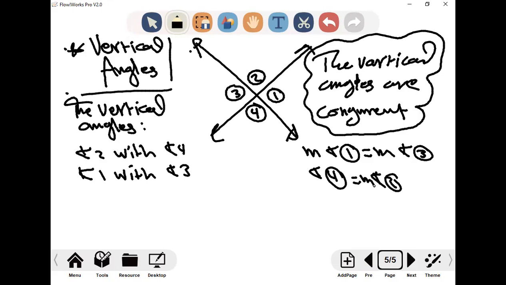If I add the letter m, I'm talking about the measure: measure of angle equals measure of angle, why? Because they are vertical angles. Got it? You understand the idea of what the vertical angles are: opposite angles if you have two intersected lines or more.